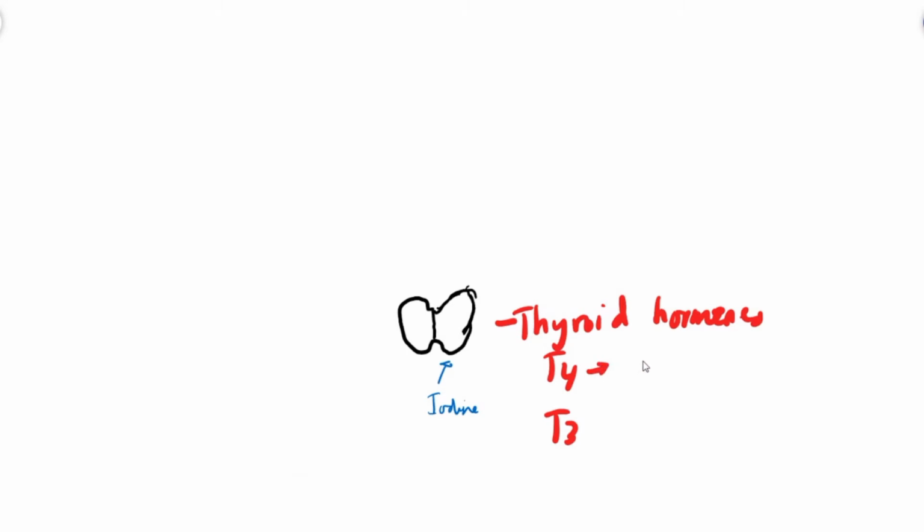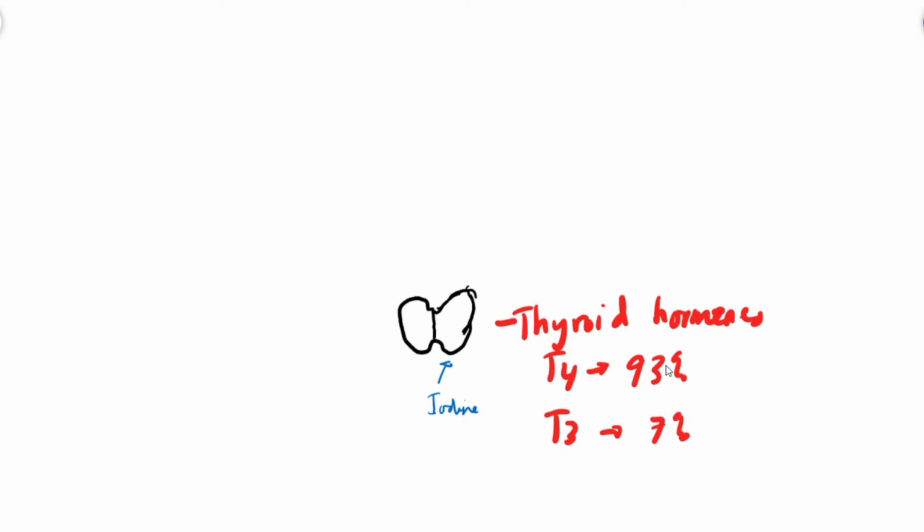The thyroid gland secretes about 93% T4 and about 7% T3. So there's more T4 secreted by the thyroid gland. After a few days, about 50% of the T4 will become T3. And all our cells in the body only use T3.